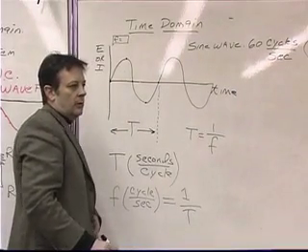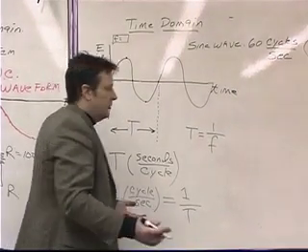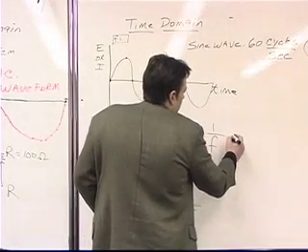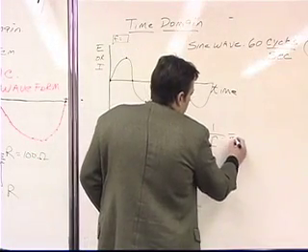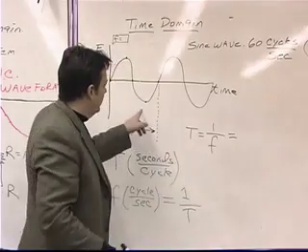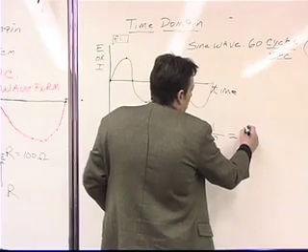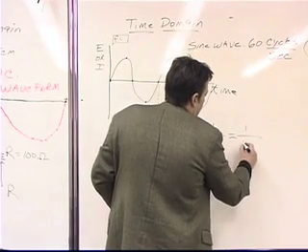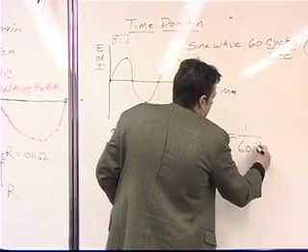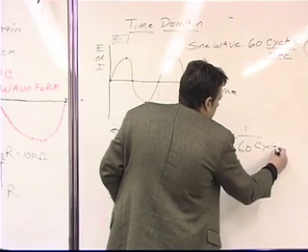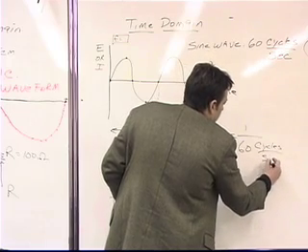So if we're trying to figure out what the period is going to be for a 60 cycle system, then that's going to be 1 divided by 60 cycles per second.